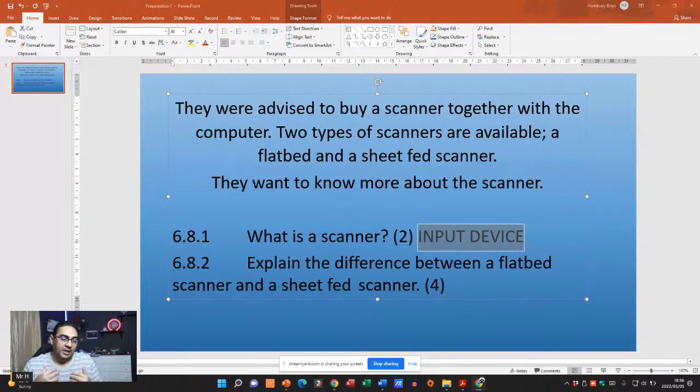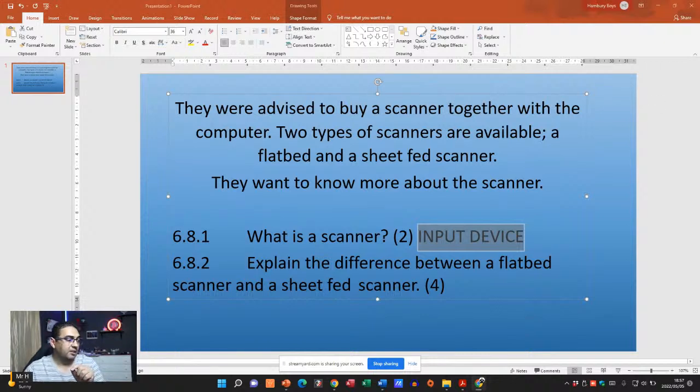Now, remember, when something is an input device, what does it mean? It means that it is sending things through to the PC, right? It's going into the PC. So when I scan my document, this device takes that physical copy and turns it into a digital copy, sends it through to the PC. So that's where you get your second mark from.